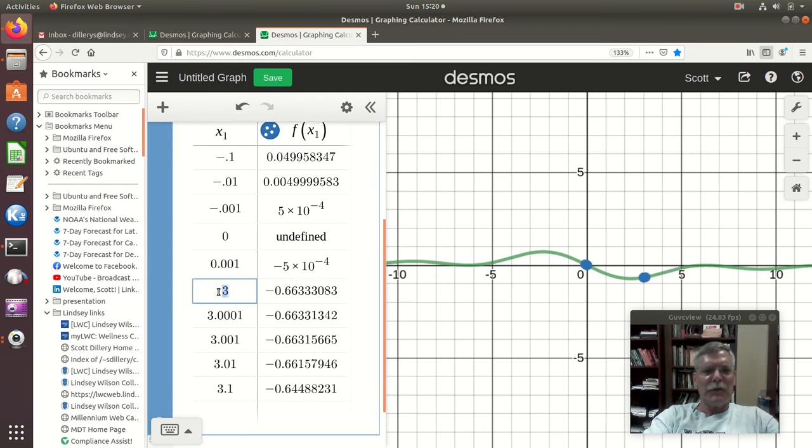We get some nice symmetry here. Now this is positive, that's negative.